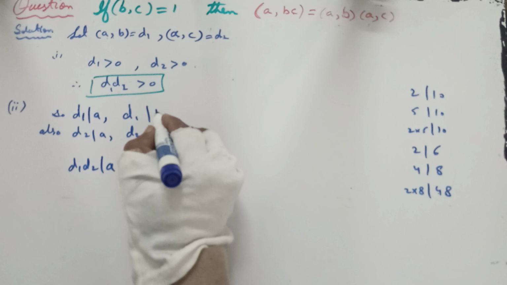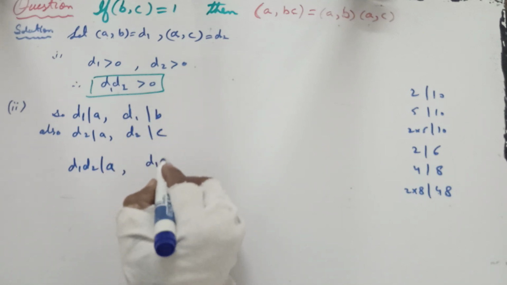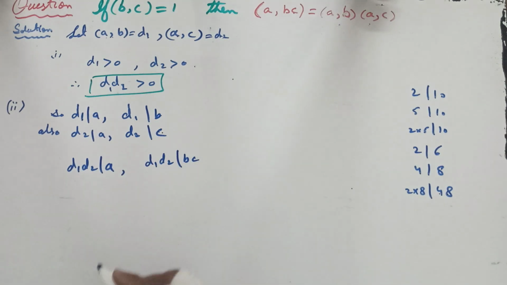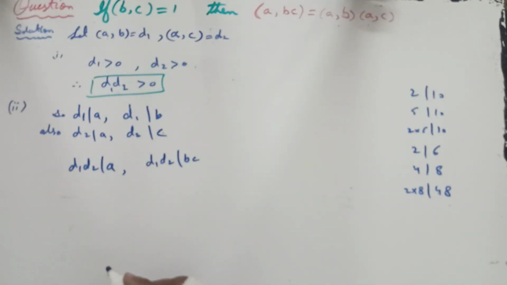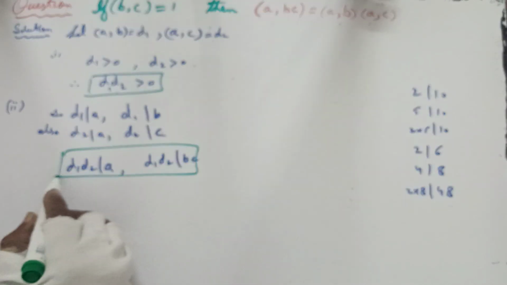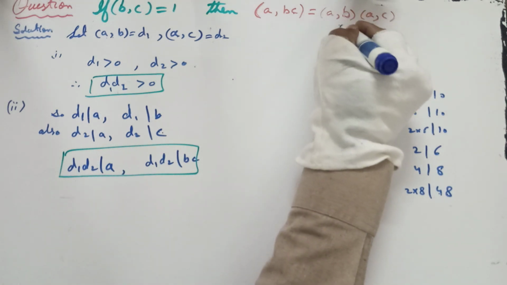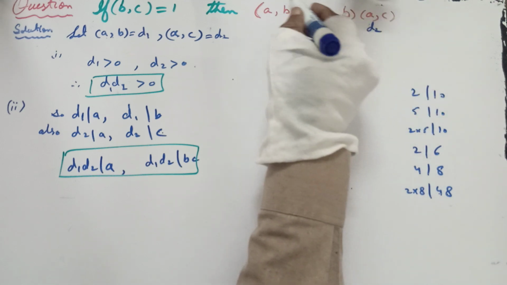So if D1 divides B and D2 divides C, then their product must divide this multiple, the product of B and C. As you know, this is the second condition, D1 D2 satisfied.